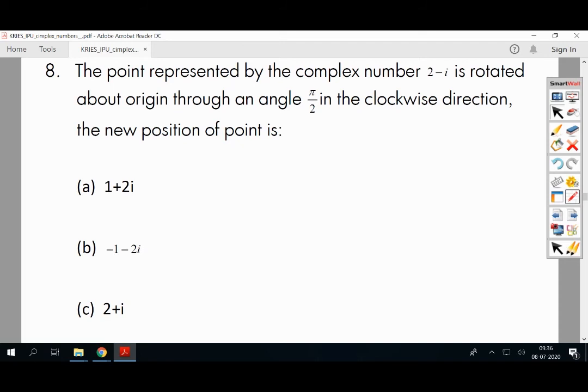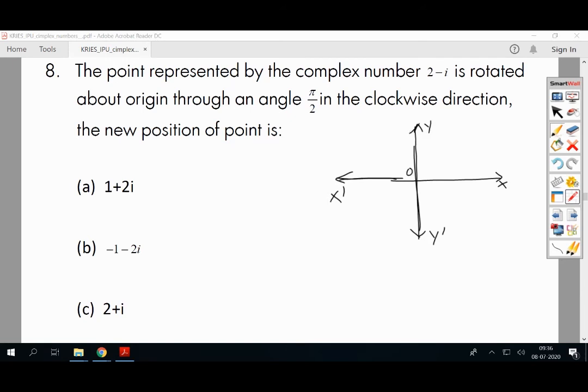So you are having the coordinates x dash and y dash with origin O. Complex number 2 minus i. So if you take z is equal to 2 minus i, it can be written as 2 comma minus 1.